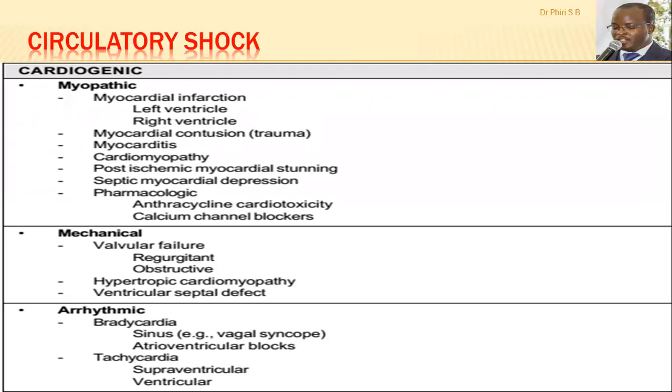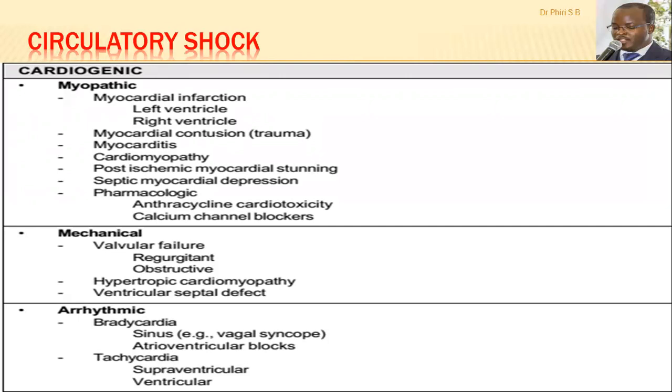Then arrhythmias, of course, bradycardia, tachycardia, these can also result into cardiogenic shock. In bradycardia, you can have sinus bradycardia, which is called vagal syncope. If you have vagal stimulation, it is going to inhibit the firing of the SA node, that can result into reduced heart rate, reduced cardiac output, and blood flow to the brain will reduce, and then these people can faint.